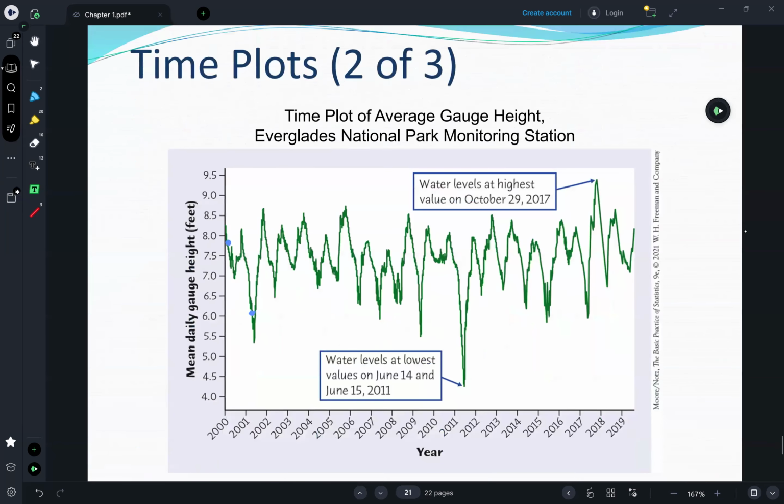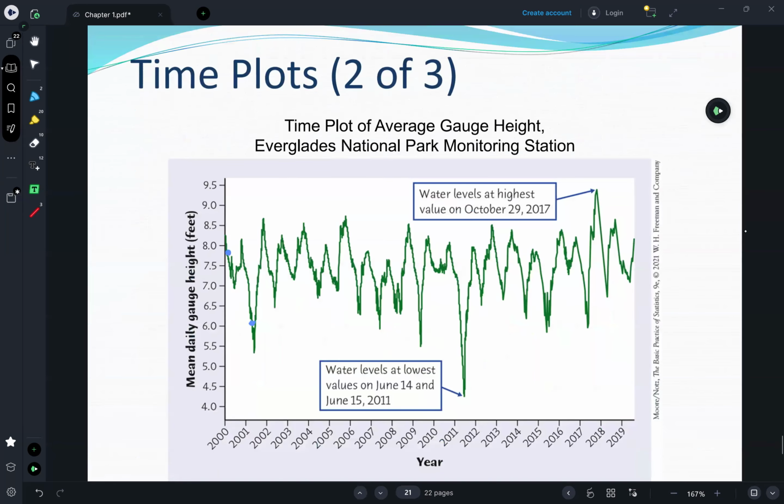So here's plot number 1. It is a time plot of average gauge height at the Everglades National Park monitoring station. In blue, I have put a point for 2000 where it would approximately be just under 8.0. And then I've put a blue point here for 2001.